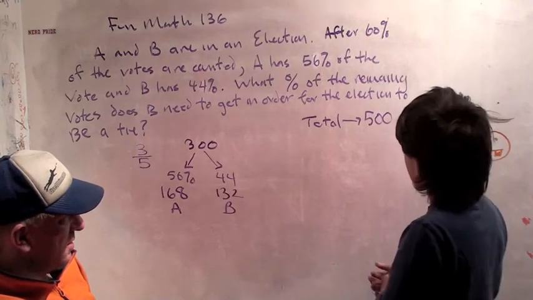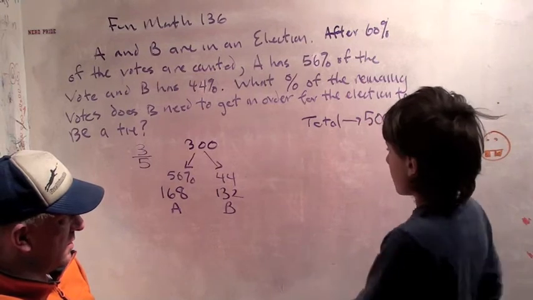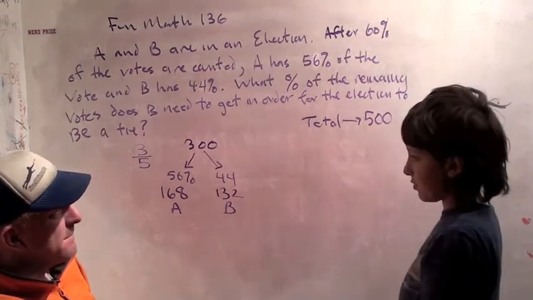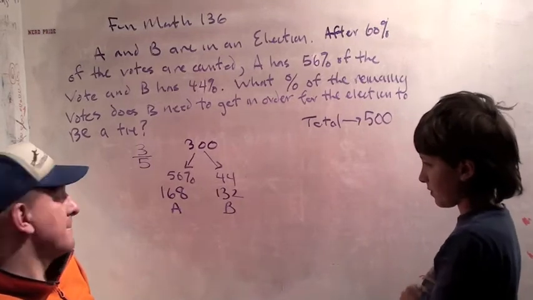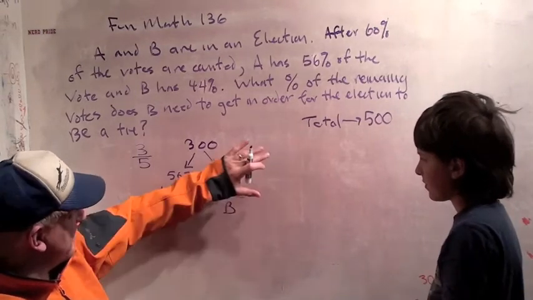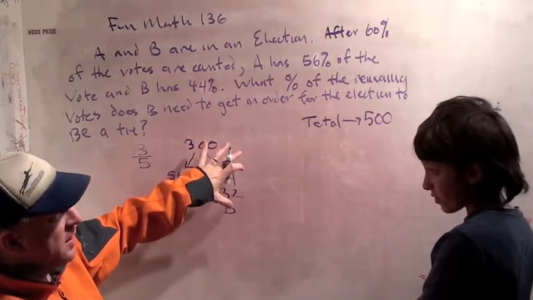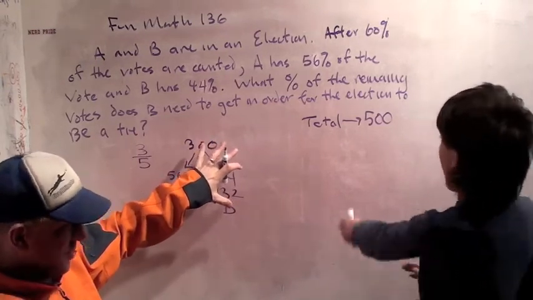In order for the whole election to be a tie, how many votes does B need to get? 250. Why? Because that's half of 500.